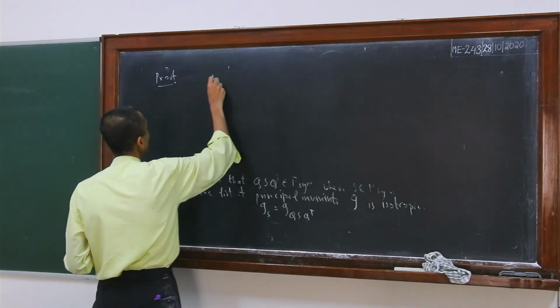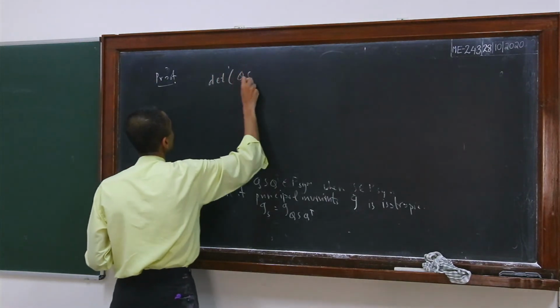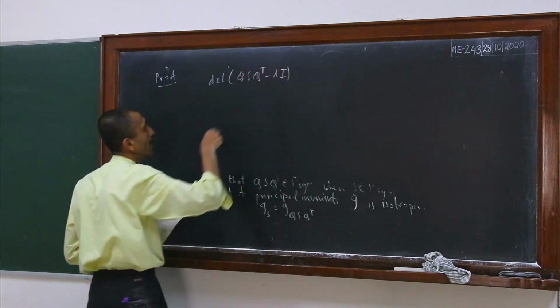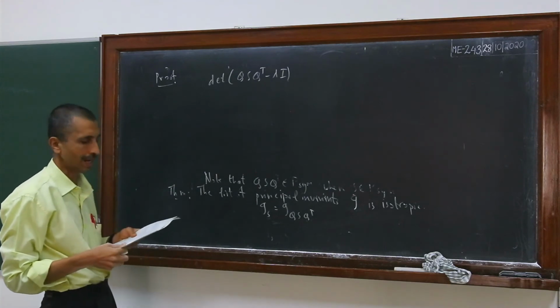So determinant of QSQ transpose minus lambda I. If I can show that this is the same as determinant of S minus lambda I, then I am done.